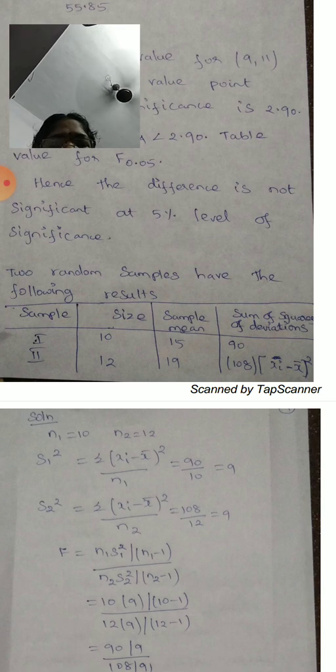And s2 squared equals summation xi minus x bar the whole squared divided by n2, which is 108 divided by 12. Simplifying, the answer is 9.